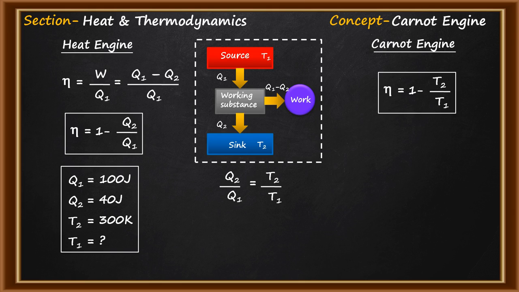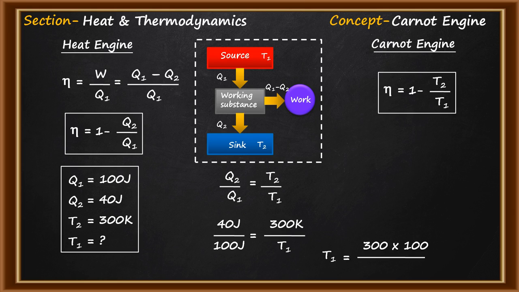If we put the given data in this equation, we can easily calculate the value of T1. So we have 40 joule by 100 joule is equal to 300 Kelvin by T1. From this, T1 will be equal to 300 into 100 divided by 40, which comes out as 750 Kelvin.